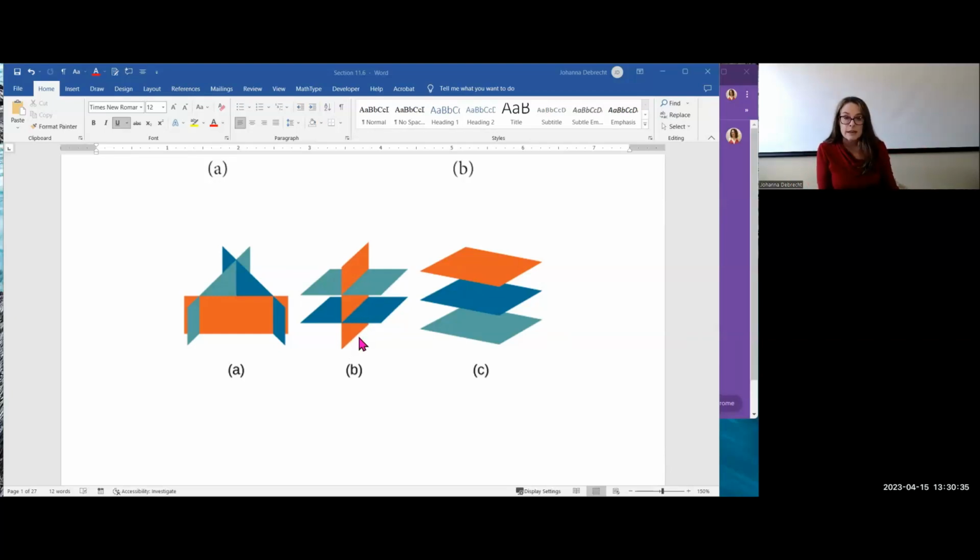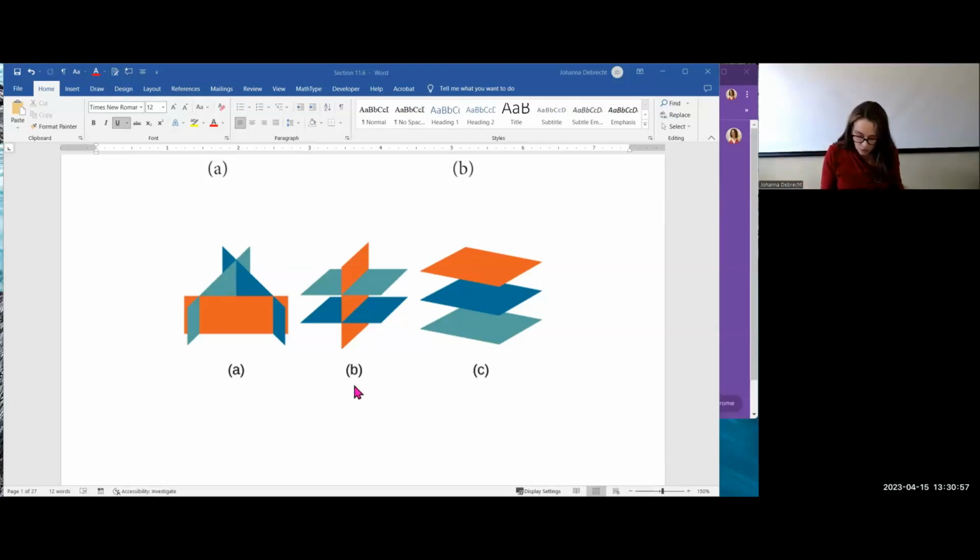So what is this akin to, the one in the middle? The one in the middle is kind of like having two floors in a building. So let's say the first floor and the second floor. So we have the two floors, and then we have a wall that comes down through both floors. Well, the problem is, yes, it does intersect.